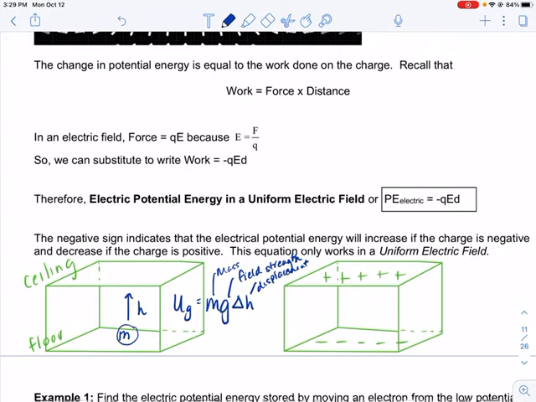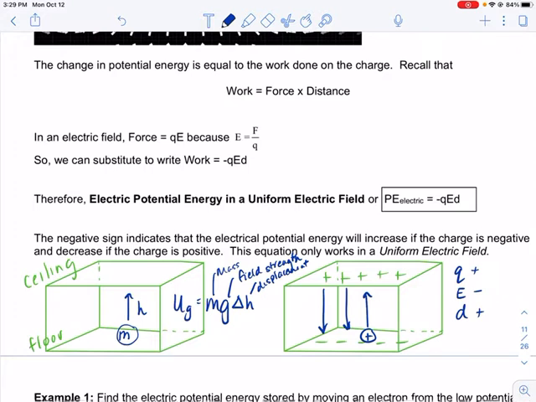If I'm dealing with a charge, let's say I've got a positive charge and I lift it up, then Q is positive. In this scenario, E is actually negative because it's pointing down. The electric field is pointing down, and the distance is positive.